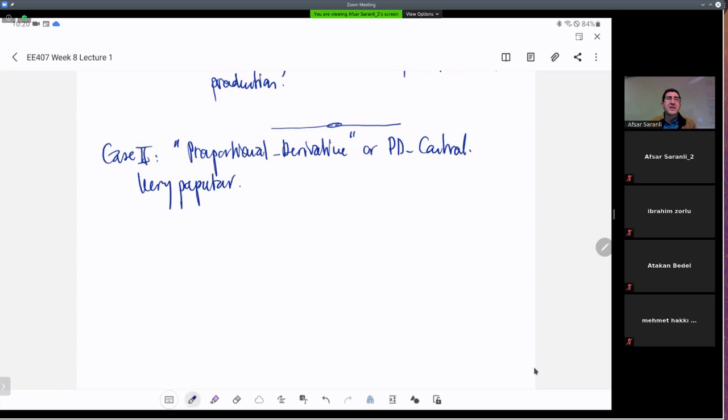In fact, all of these combinations are very popular, but in this case, GC of S, the controller transfer function, is a proportional constant plus Kc tau d times S. Okay, so this is our proportional gain.